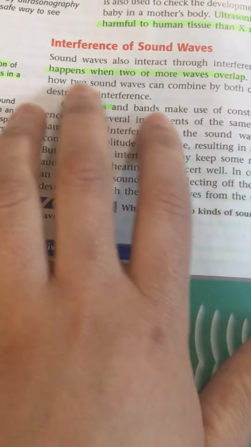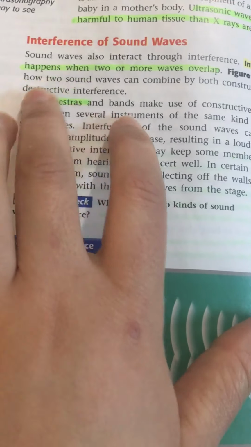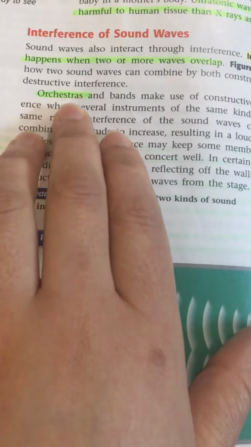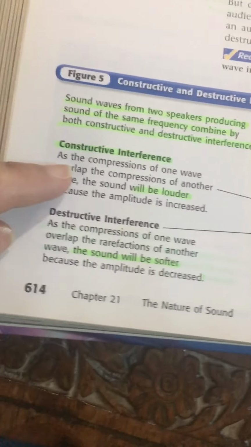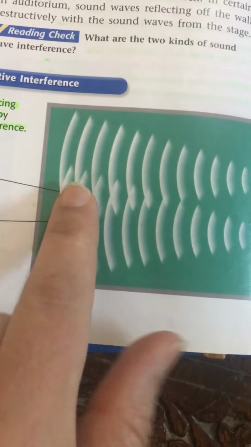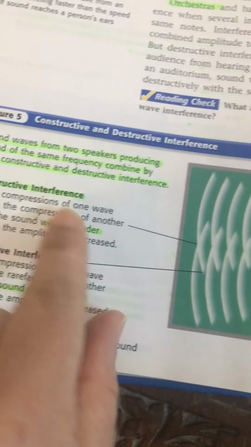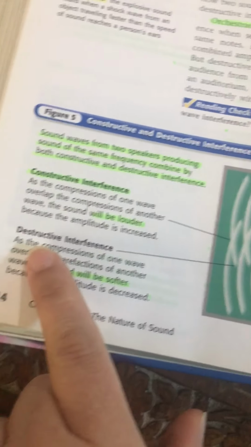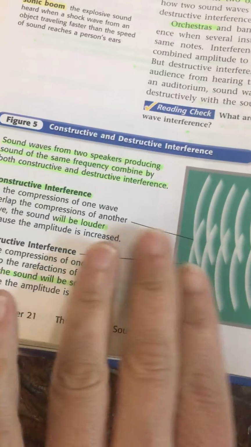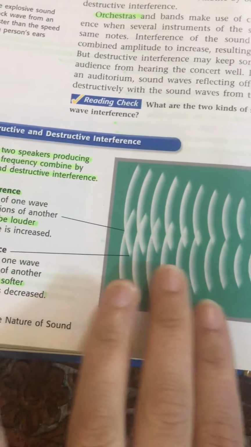I don't want you to get the details from here, I just want you to know the definition, where it is used in orchestras, and that the principle is constructive and destructive. Like this, you can see that these are constructive, they join together, and the destructive ones here, as you can see, cancel each other, so the sound will be softer.